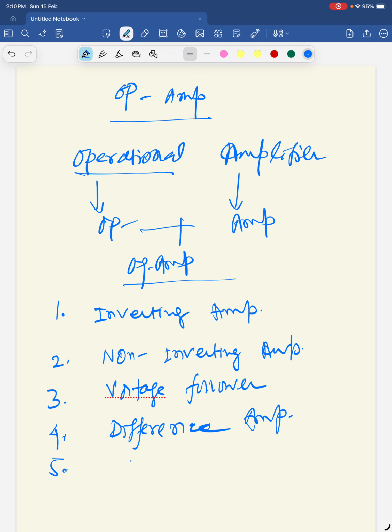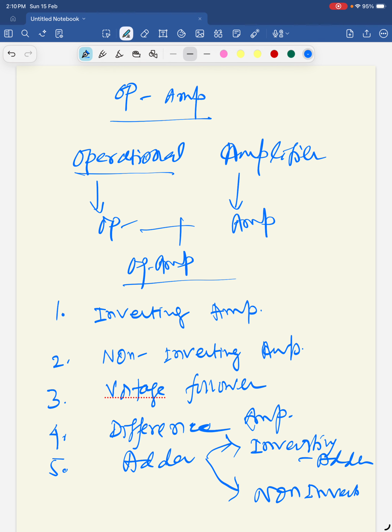Number five, adder. It is of two kinds: inverting adder and non-inverting adder. Few more applications are there, but they will come at a later stage. Today we will discuss these things: inverting amplifier, non-inverting amplifier, voltage follower, difference amplifier, and adder circuit, which is of two kinds, inverting and non-inverting.